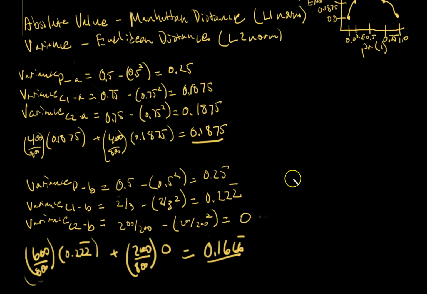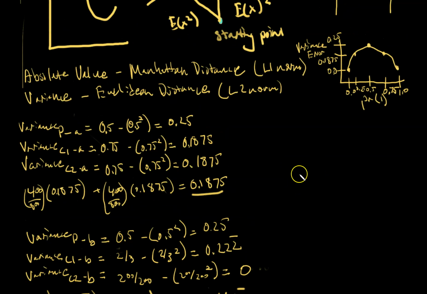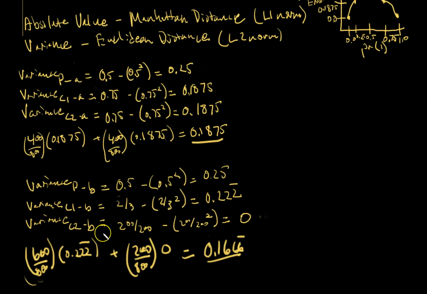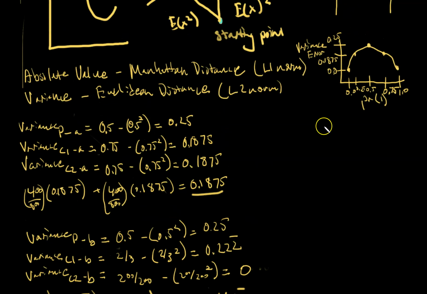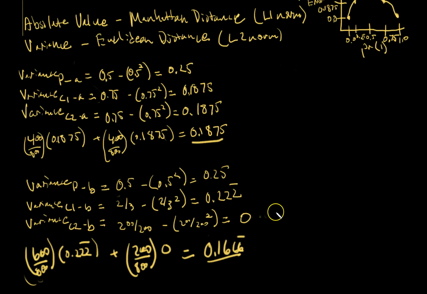So what's going on right here? We are using this function right here, and we are taking 0.2. Let me just draw this over here.